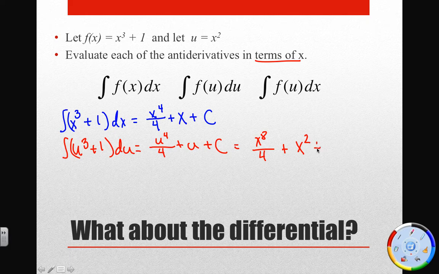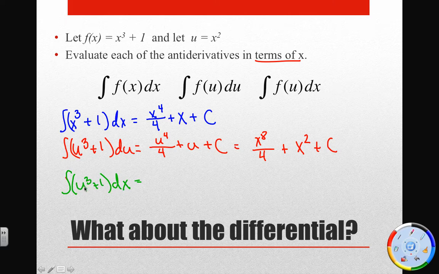x squared plus c. Now I really want to focus on how this is going to be different than the next one we're going to do here. The antiderivative of f of u dx. So I might want to start with u cubed plus 1 dx, but the problem is now I can't find the antiderivative of this because I have two different variables.